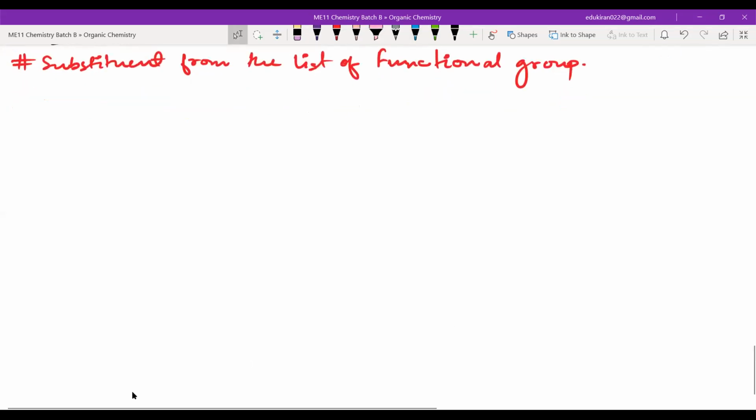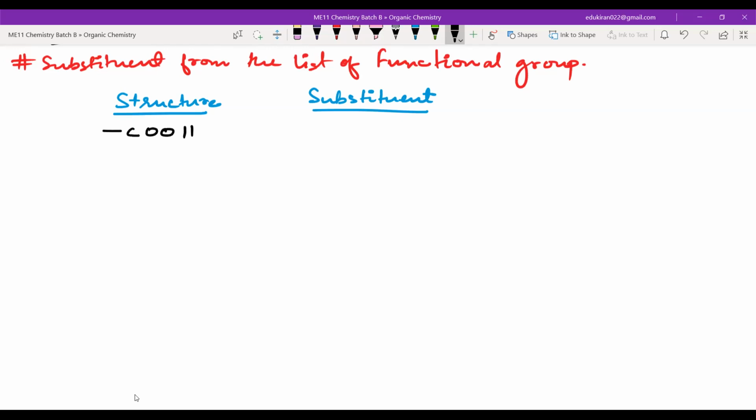Now, I will write the structure, and here I will write the substituent. That means what name do I have to write if they are present as a substituent? If you have COOH as a substituent, then I will write carboxy.